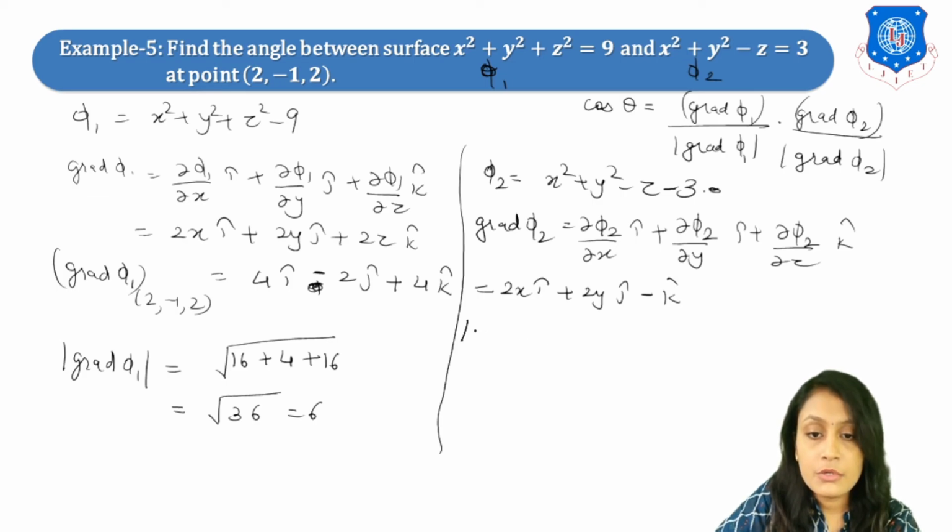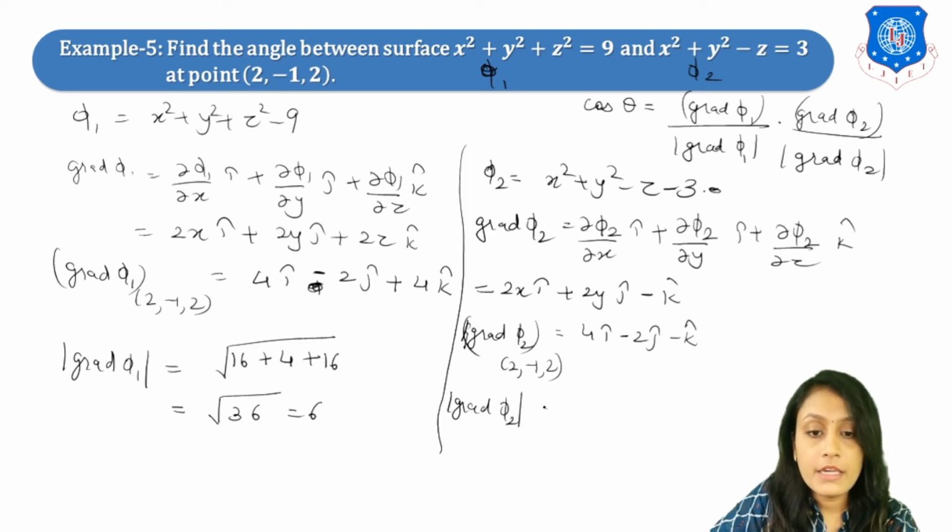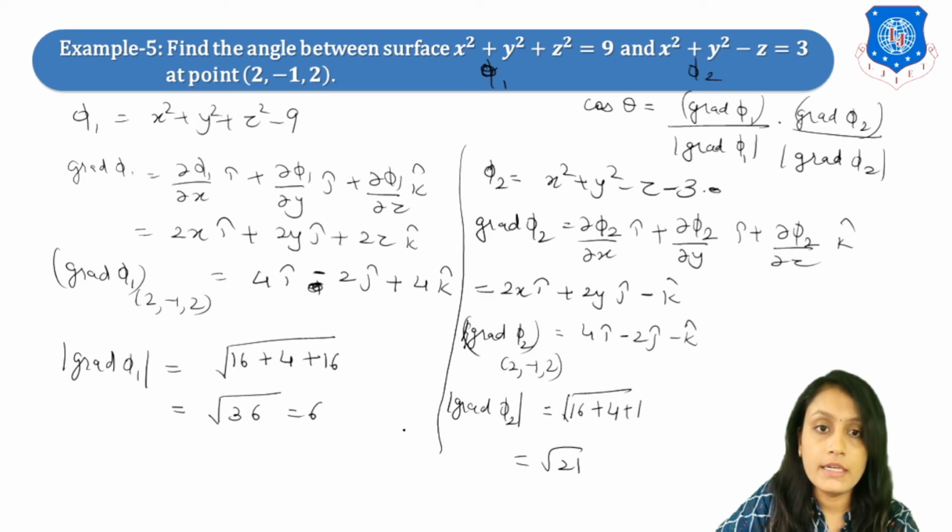Now its magnitude. But before that we will find grad phi 2 at this particular point 2, minus 1, 2. So you will get 4i minus 2j minus k. Now its magnitude: grad phi 2, its magnitude is under root 16 plus 4 plus 1, so it will give you under root 21.